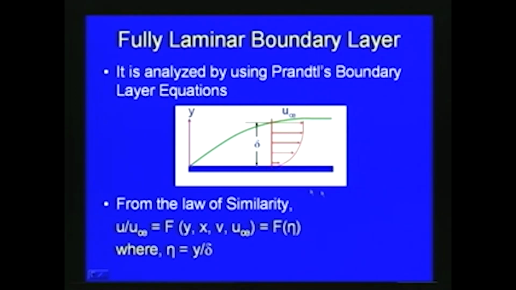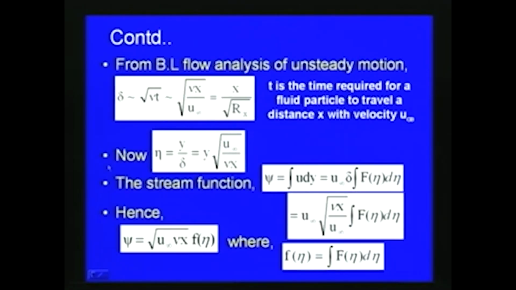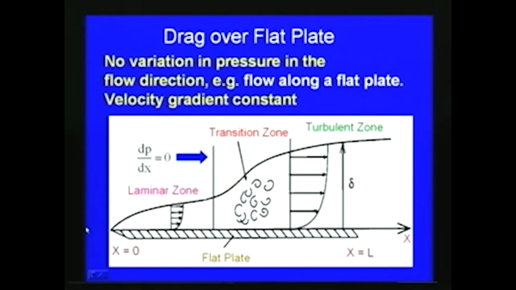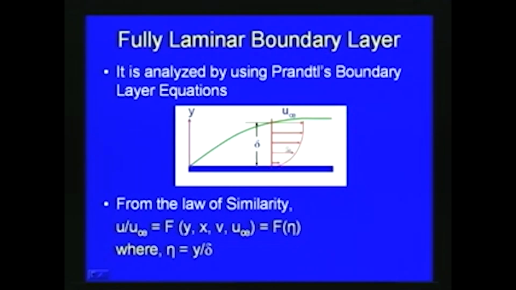Now with respect to this, from the boundary layer flow analysis of unsteady motion, Prandtl analysis showed that the boundary layer thickness is proportional to square root of nu into T, where nu is the kinematic viscosity and T is the time required for a fluid particle to travel a distance x with velocity u infinity. You can see this figure earlier: the flow is taking place like this, and then we have the fully laminar boundary layer.